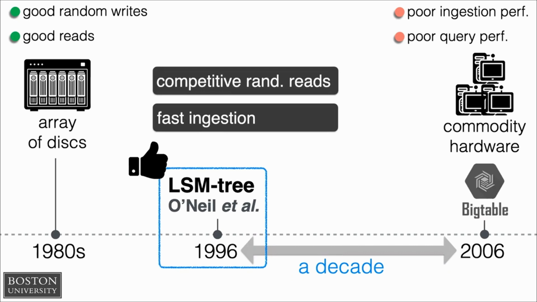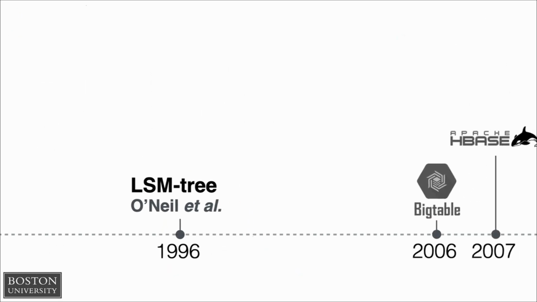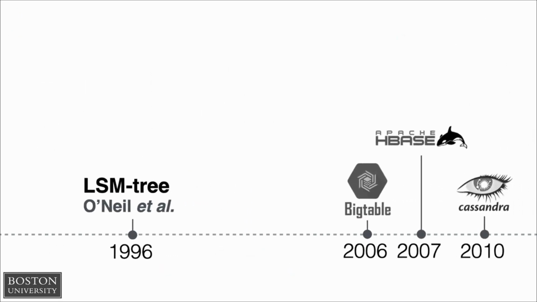It also turned out to be SSD-friendly, essentially by minimizing the impact that it has on the wearing of the device. Since 2006, a lot of systems have been developed using the LSM paradigm.